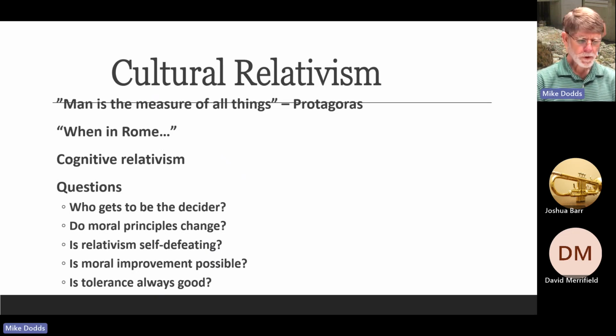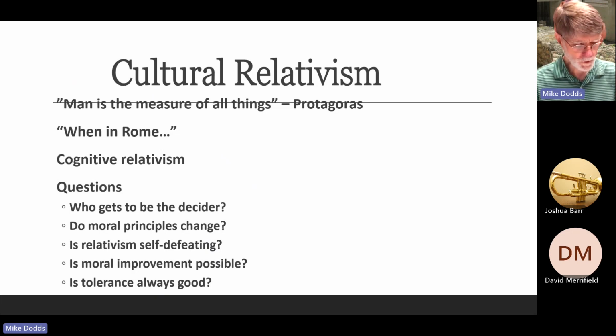Do moral principles change? Is relativism self-defeating? Cultural relativism, meaning there's no absolute truth, is a statement of truth, meaning everything's true in that context, but in another context, that might not be true.